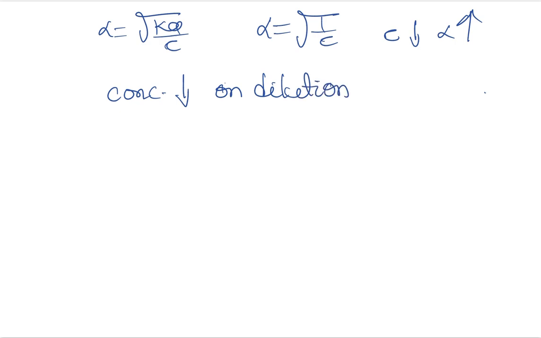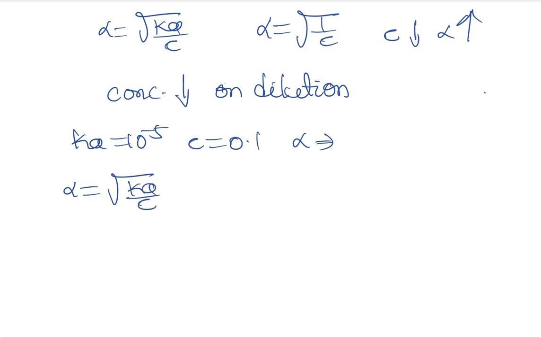Now, how will they ask the question? They will give that Ka is equal to 10 to the power of minus 5, C is equal to 0.1, and ask you to find alpha. We have to use the formula alpha is equal to root over Ka by C. So alpha is equal to root over 10 to the power of minus 5 by 10 to the power of minus 1.